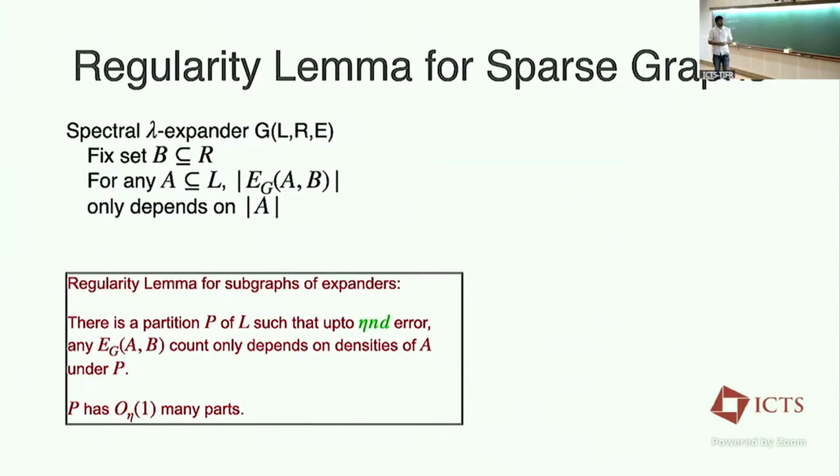What you do need is lambda to be sufficiently small, the expander to be sufficiently good in terms of this eta. But if you are given the flexibility to make lambda as small as you want, you can always do this.